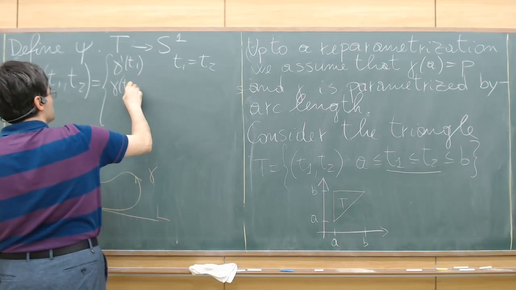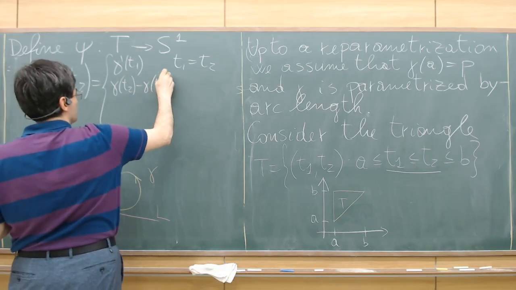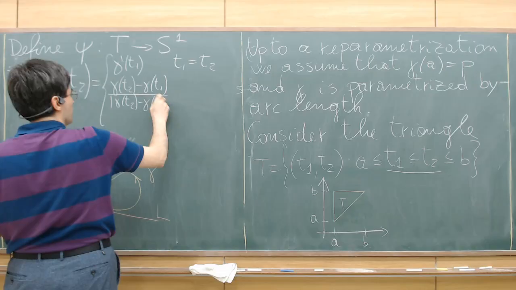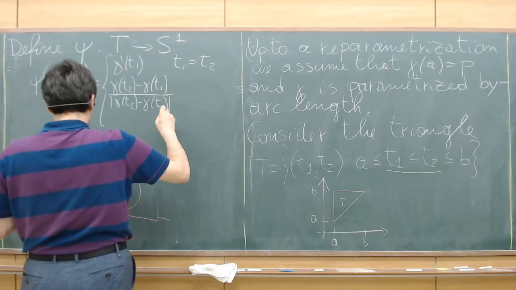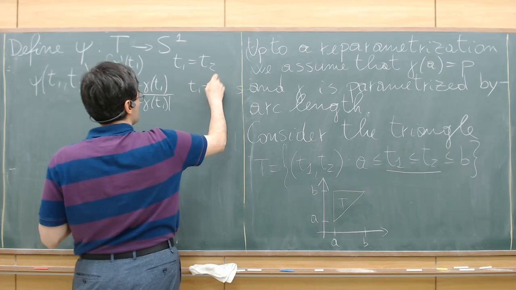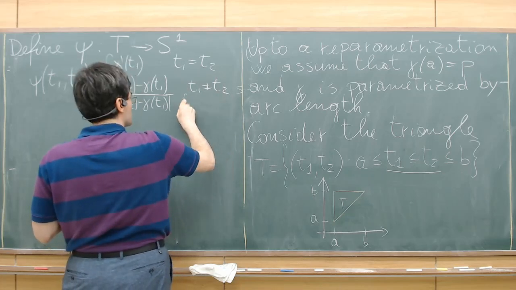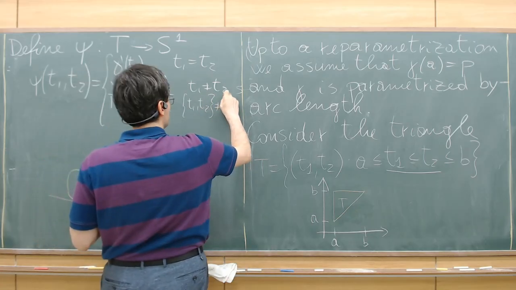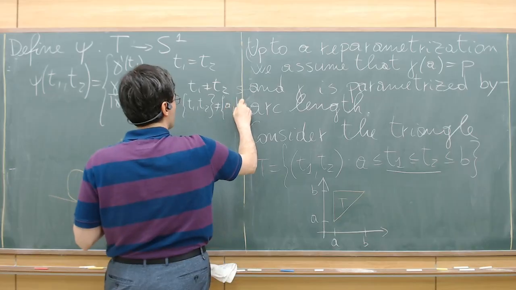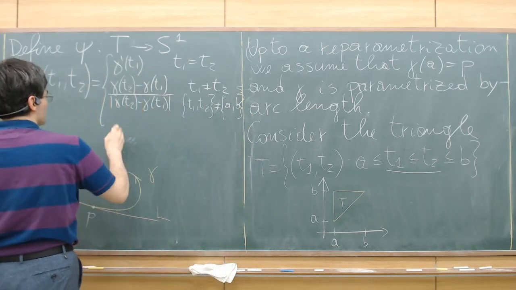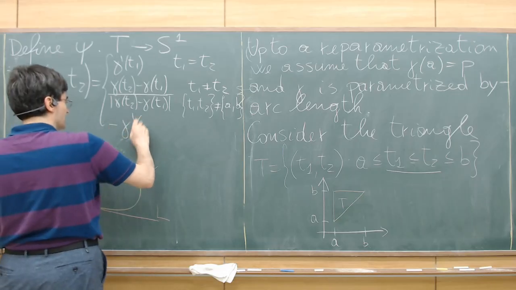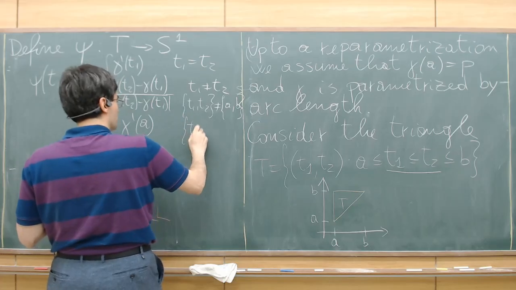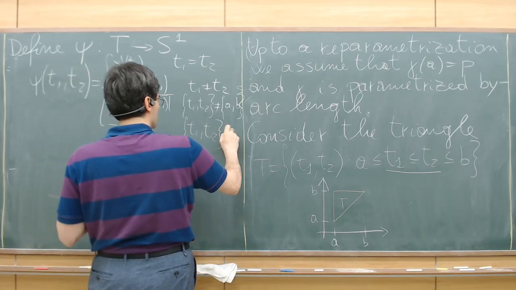It is gamma of t2 minus gamma of t1, divided by its length, if t1 is different from t2 and the set (t1, t2) is different from (a, b), and it is equal to minus gamma prime of a if the set (t1, t2) coincides with (a, b).